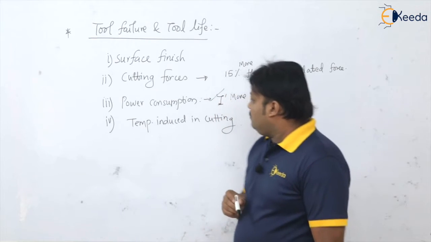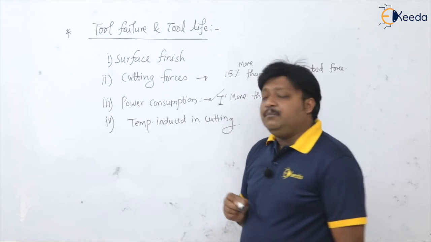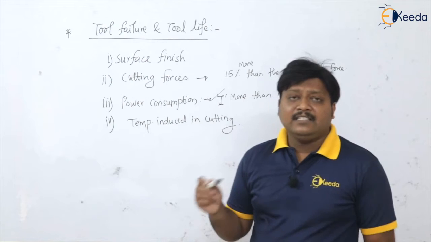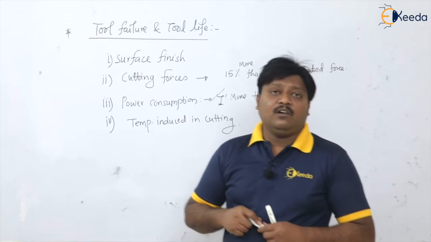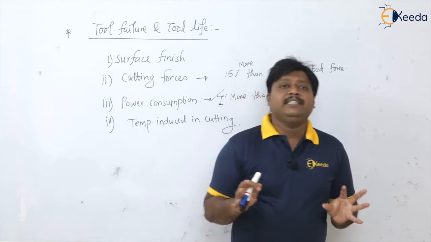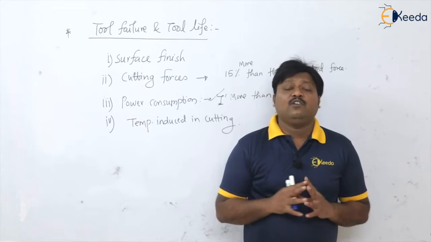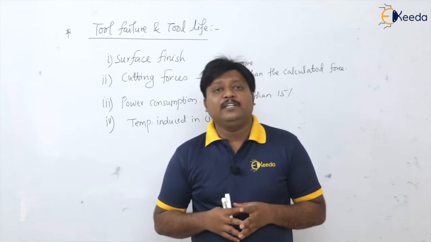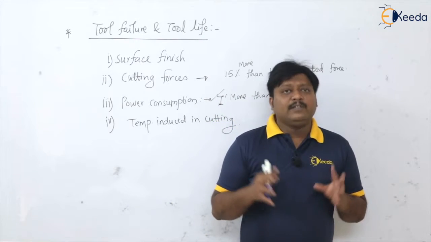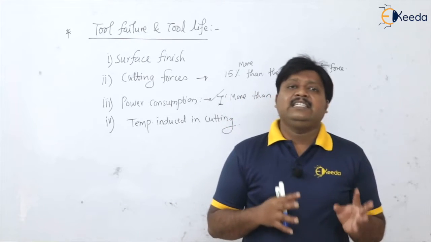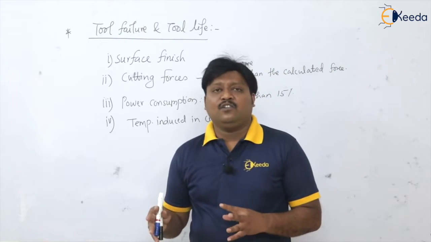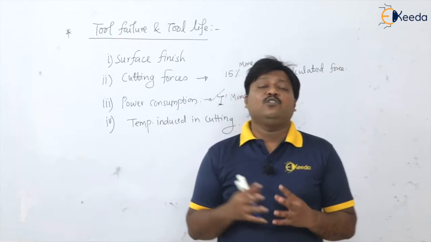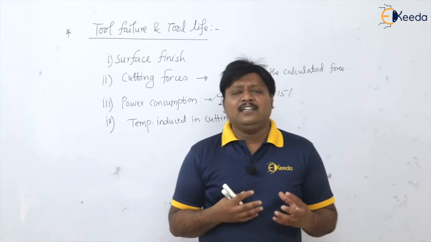Now if you talk about the temperature induced in the metal cutting zone, in normal machining, when it is going on, you cannot observe any gases or fumes in the metal cutting zone. And also by looking at the color of the chip, we can predict whether there is an increase in temperature or not. Generally, the color of the chip produced during normal machining is bluish or metallic.